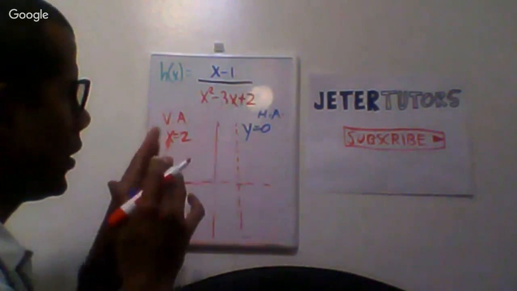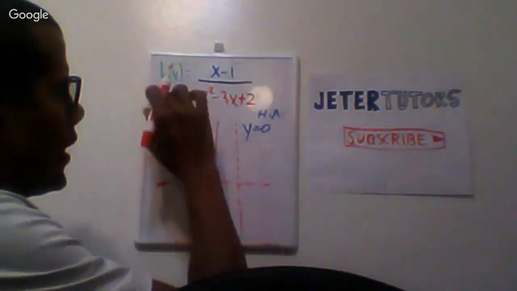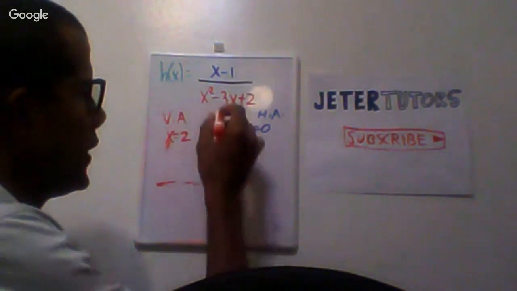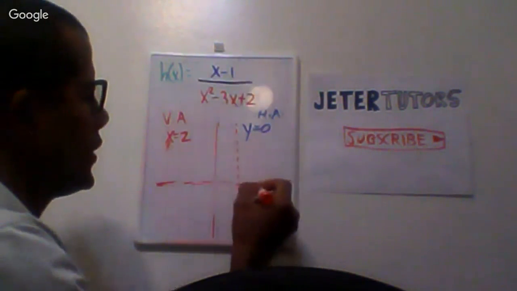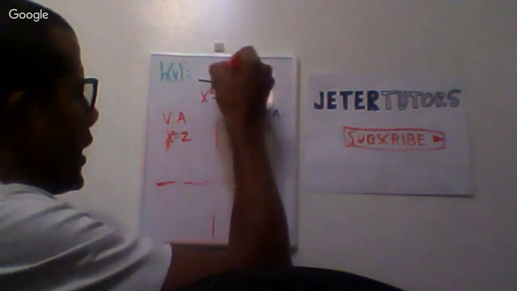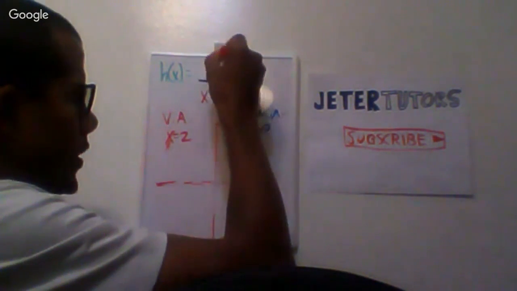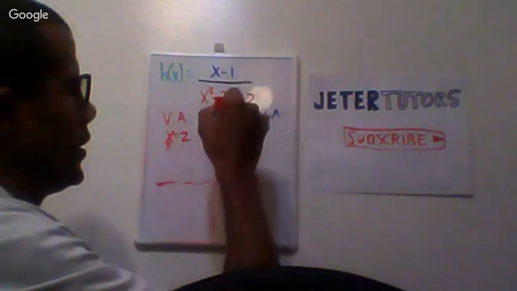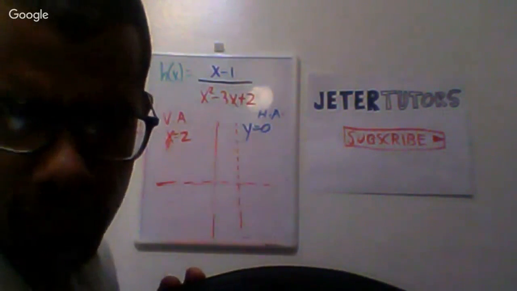So as x goes to infinity, this gets really, really big, and this gets really, really big, but everything's really big positive.